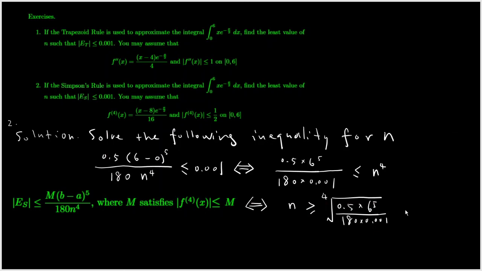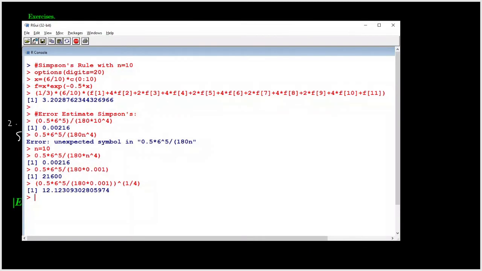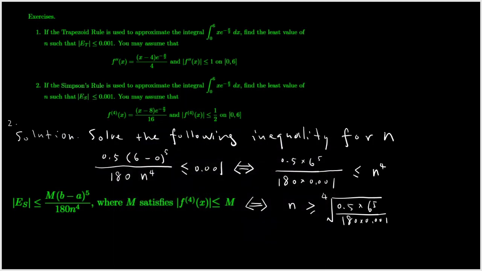Put everything into your calculator. This value is 12.1 something. This number is approximated by 12.1 something.